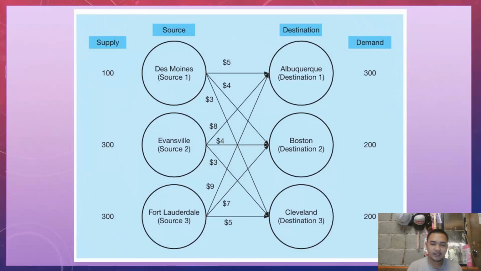As you can see at the arrows, it has $5, $4, $3 in the Des Moines source one, so it costs that much for each transport of supply. Evansville has $8, $4, $3, and Fort Lauderdale has $9, $7, and $5. So the cost of transporting supply to meet the demand varies among sources and destinations.